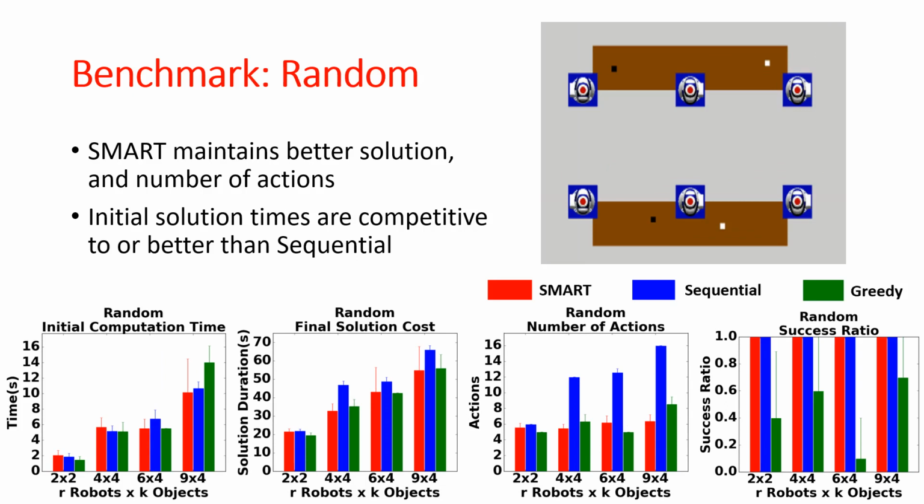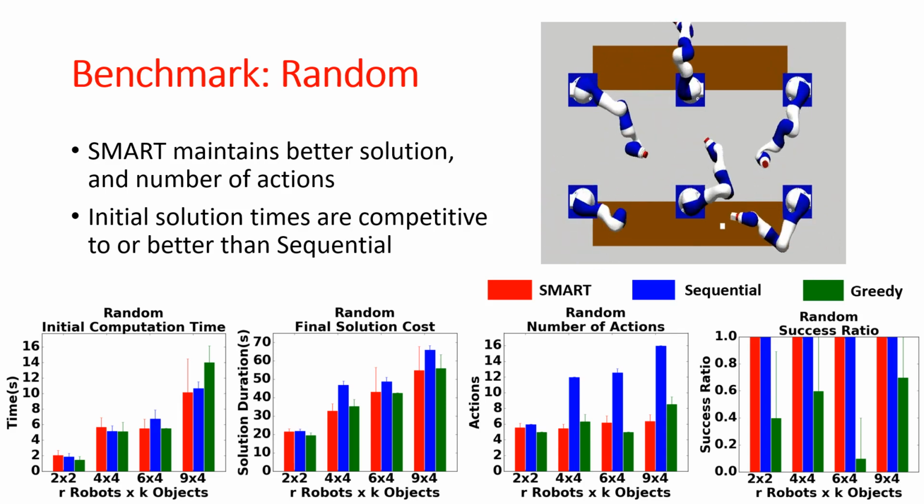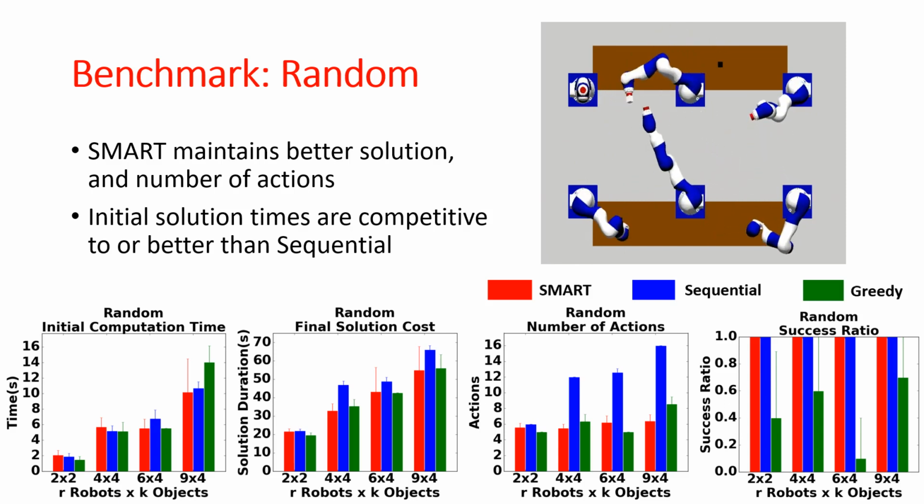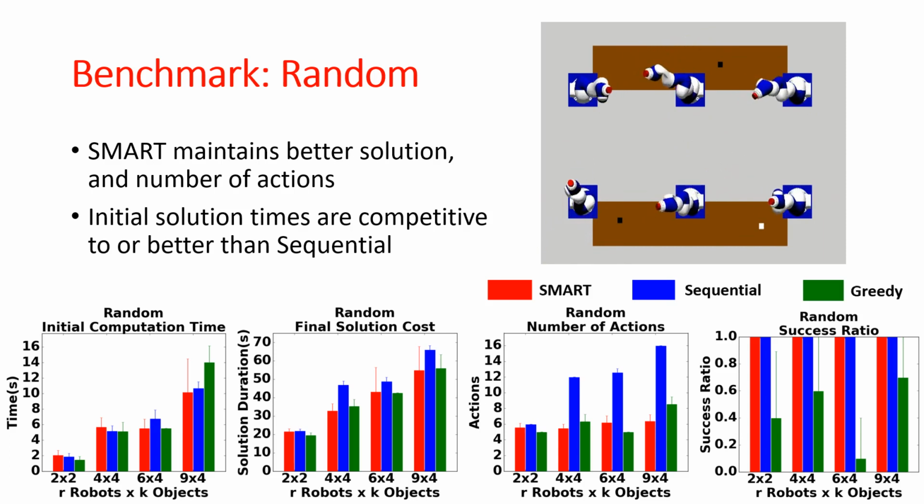Now, the most compelling evidence comes from the random execution, where you have a situation where the objects have to move across arbitrary parts of the workspace. So we still maintain the computational benefits with regards to the competing methods, especially considering that we succeed all of the time.